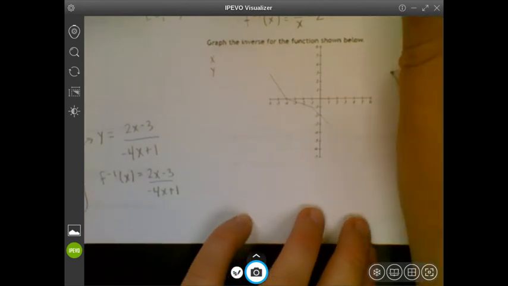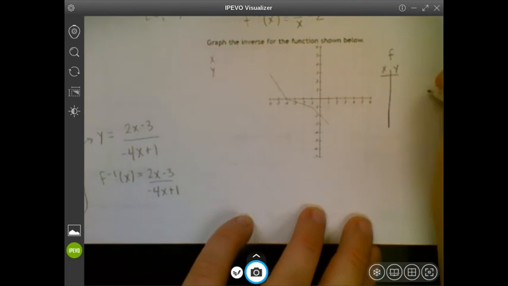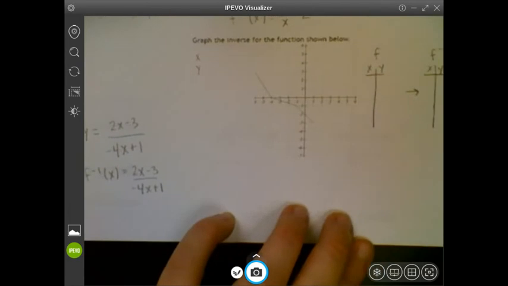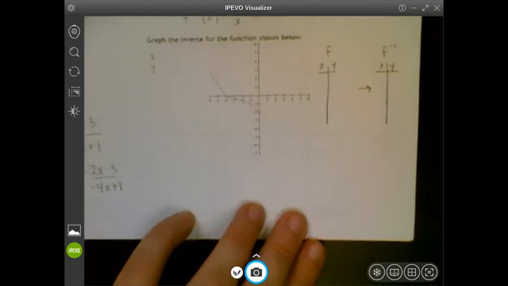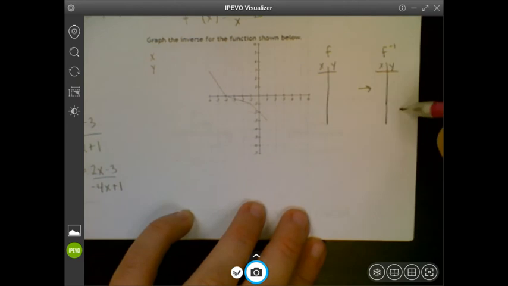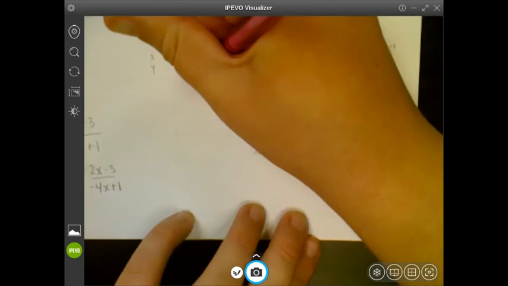What I highly suggest you do is make a table for your original function, and then we'll make a new table for the inverse by flipping our x and y values.